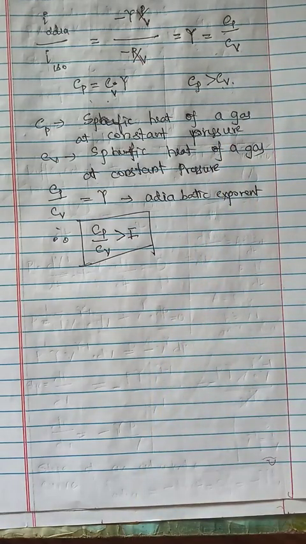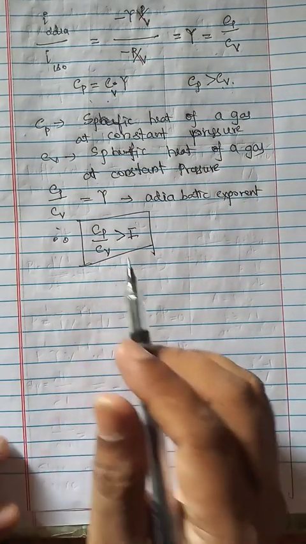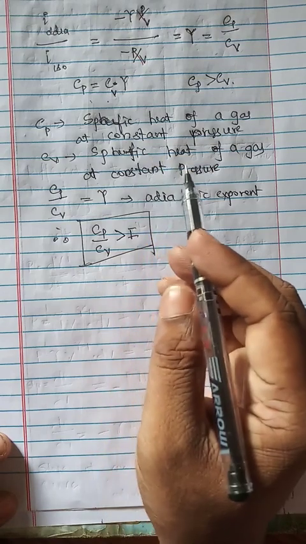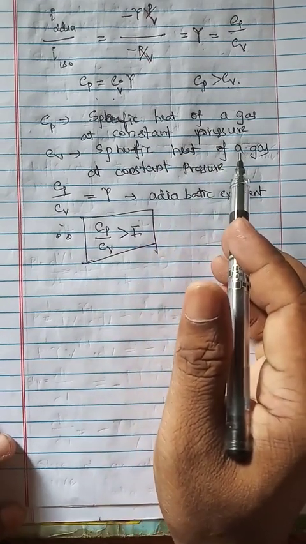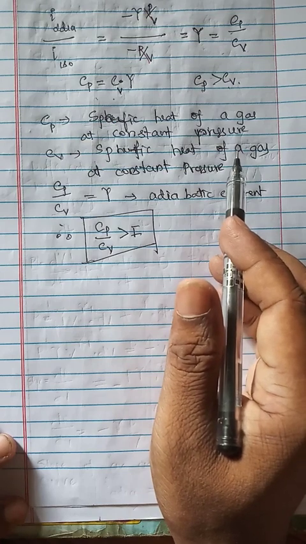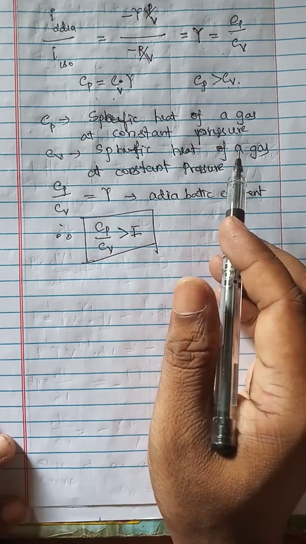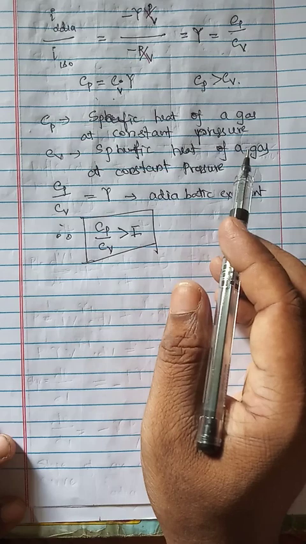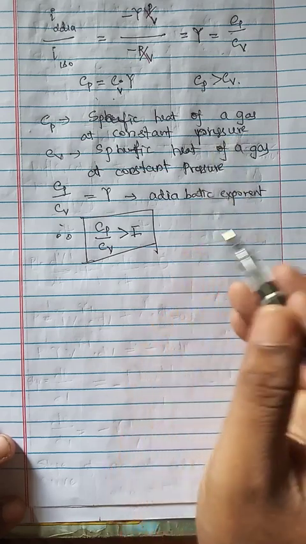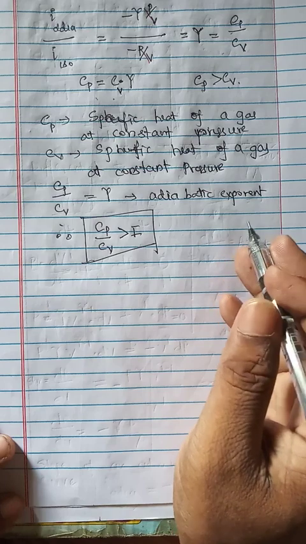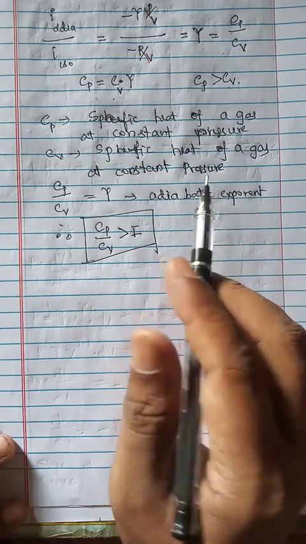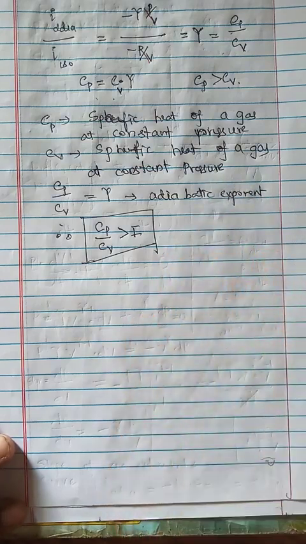Now, from the slope of an isothermal process and an adiabatic process, you can immediately find out what is the isothermal process and what is the adiabatic process. The slope of the curve is very, very important to determine whether a curve is isothermal or adiabatic.